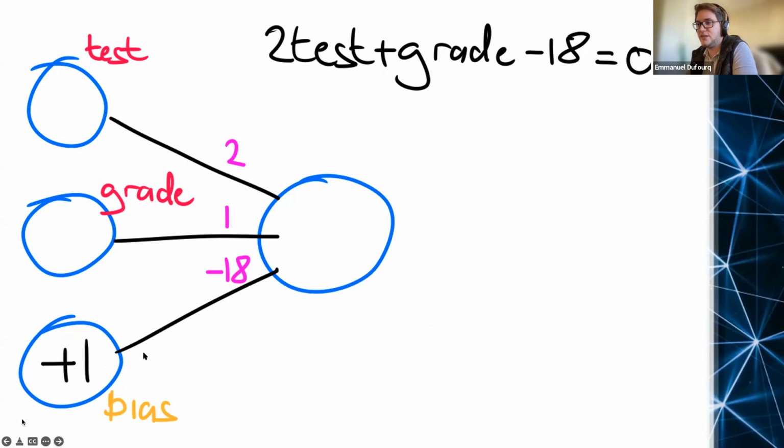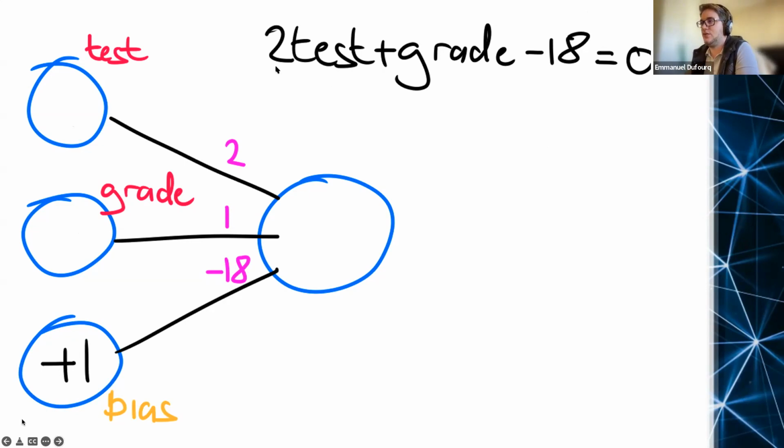And this is called the bias. This input has a constant value of +1. These nodes will not have constant values. This will be the actual value in the data, but this node has a fixed value of +1, and we just assign the value of the weight to this one.